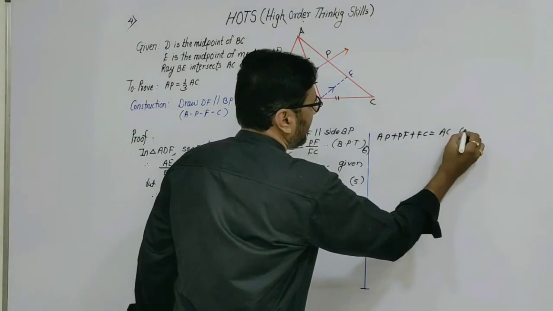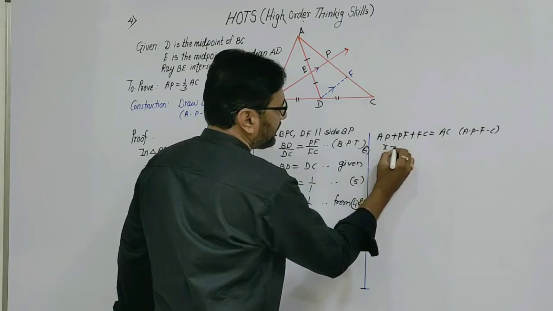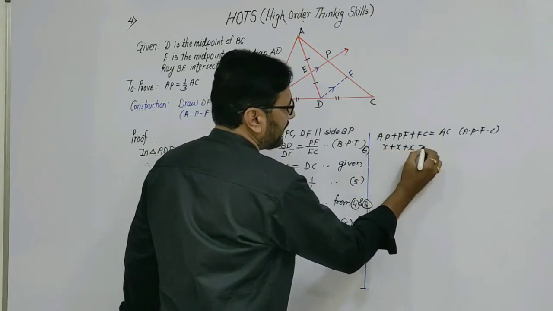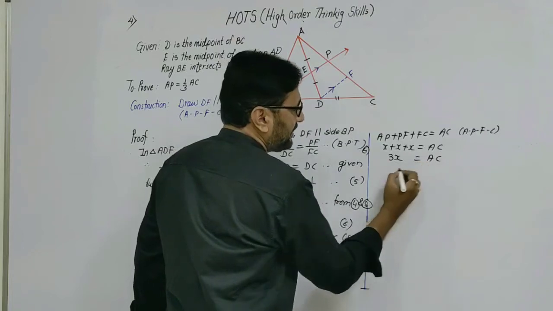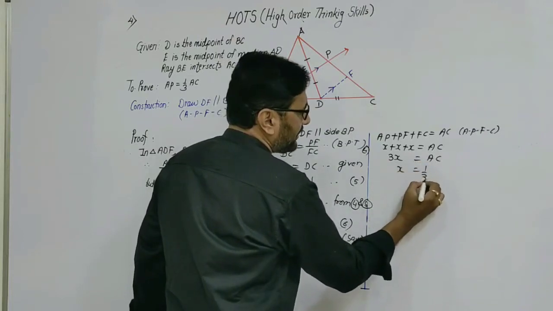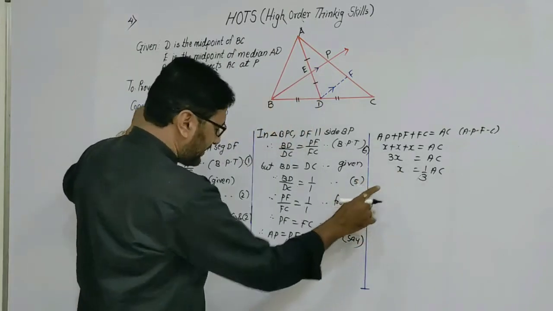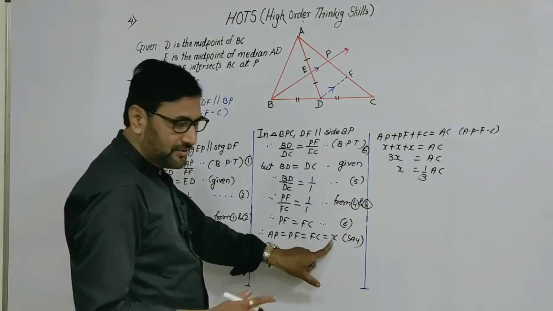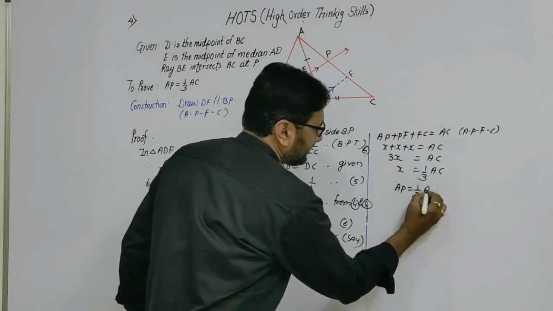What is the reason? A-P-F-C. So X plus X plus X is equal to AC. 3X is equal to AC. So X is equal to 1/3 AC. But I want AP instead of X. AP is equal to X, no? So AP is equal to 1/3 AC.